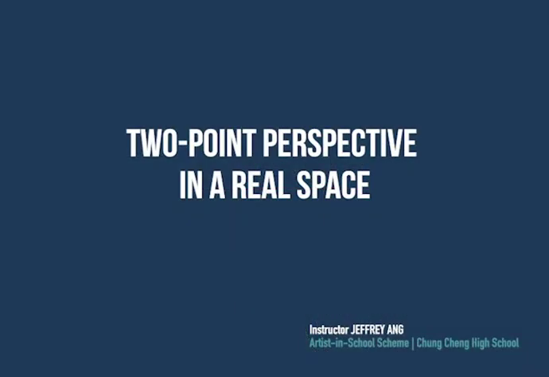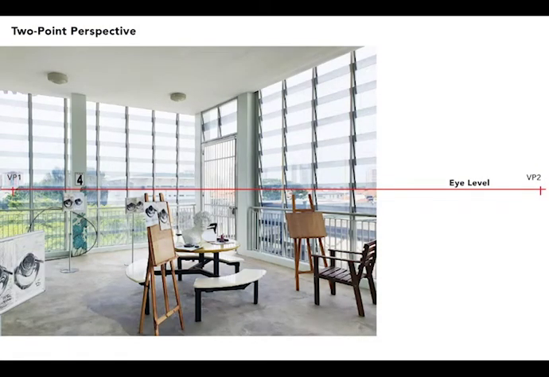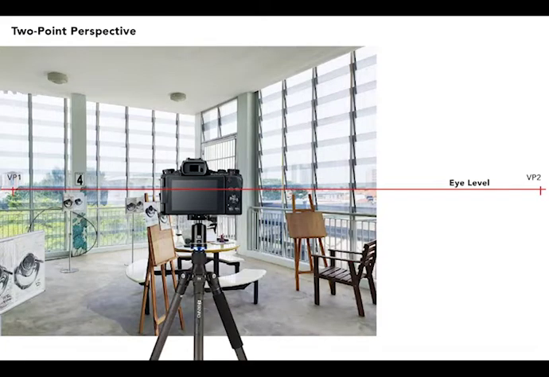So how does the concept of 2-point perspective look like in a real setting? Let's look at a photo of this space at level 4 lift lobby. This picture was taken with the camera pointing at the corner of this space, somewhere here. The camera is here and the tripod is here.